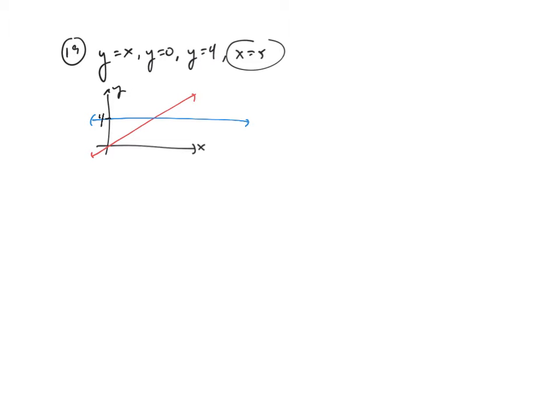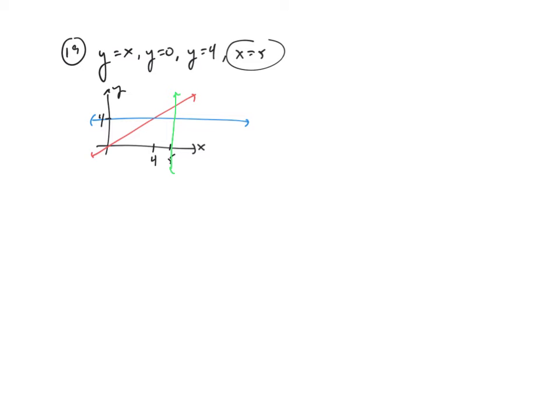And then x equals 5 is a vertical line right over here.